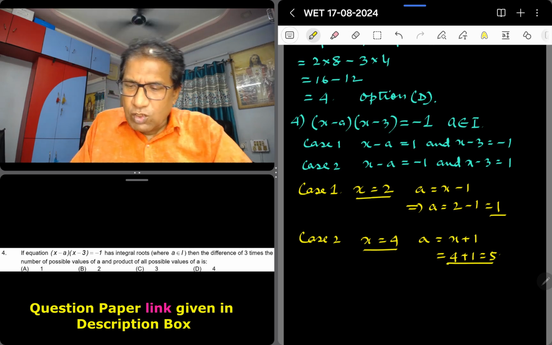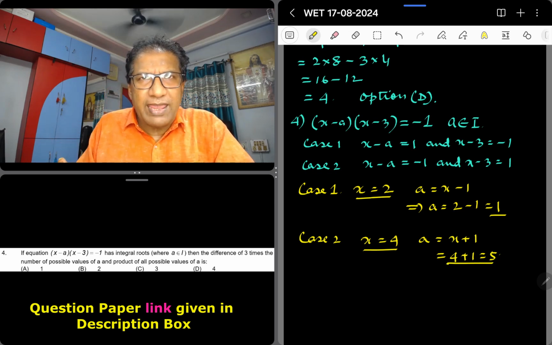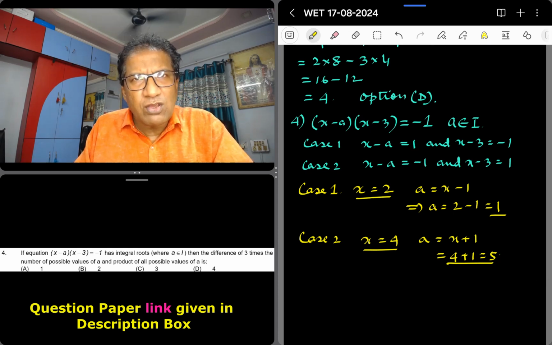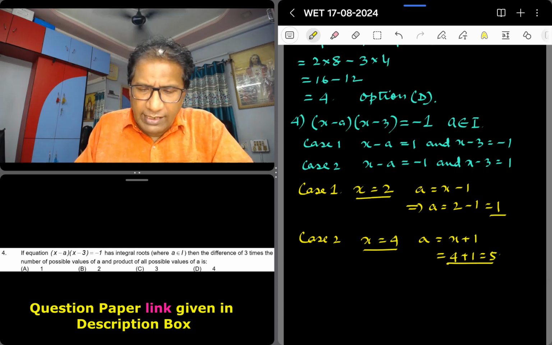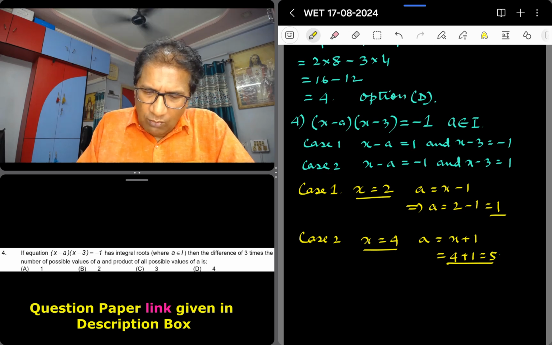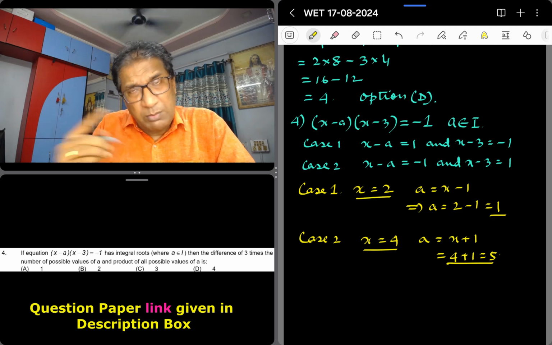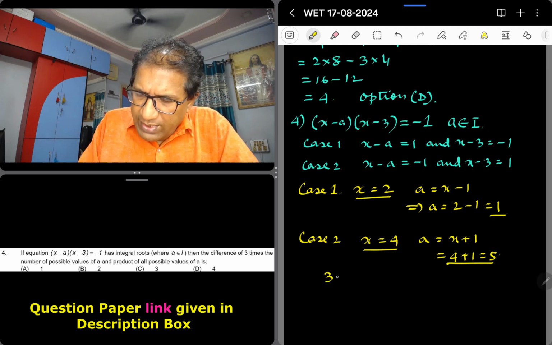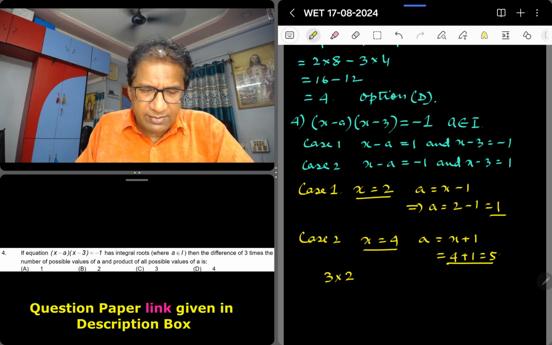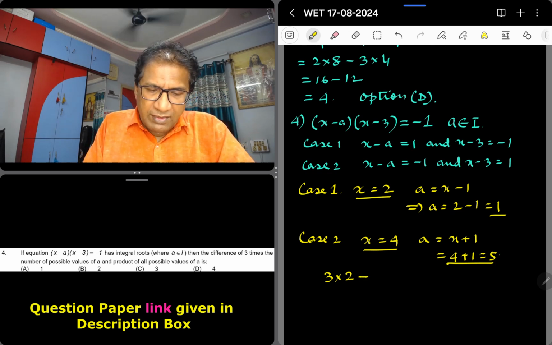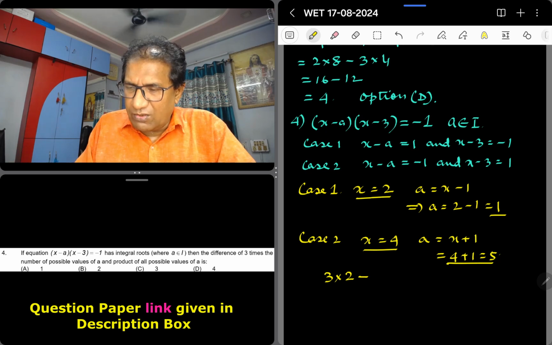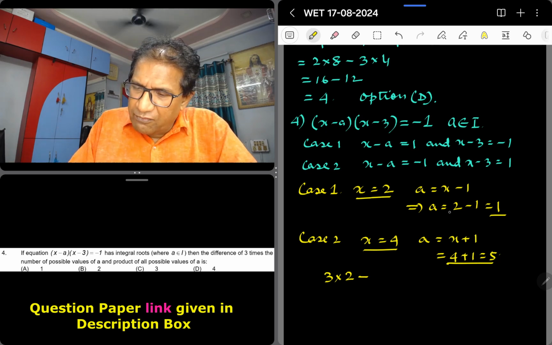Is it clear? How many possible values of A are there? 2. So there are 2 possible values. Now what they want is the difference of 3 times the number of possible values of A, which is 2 in this case, minus the product of all possible values of A. Now, the values of A are 1 and 5.